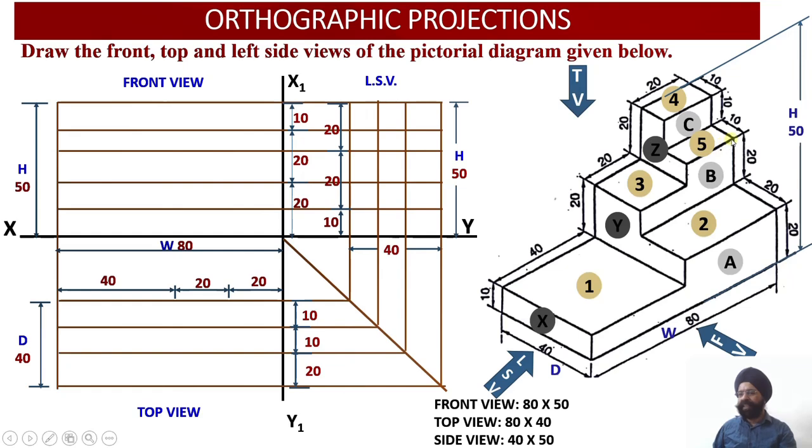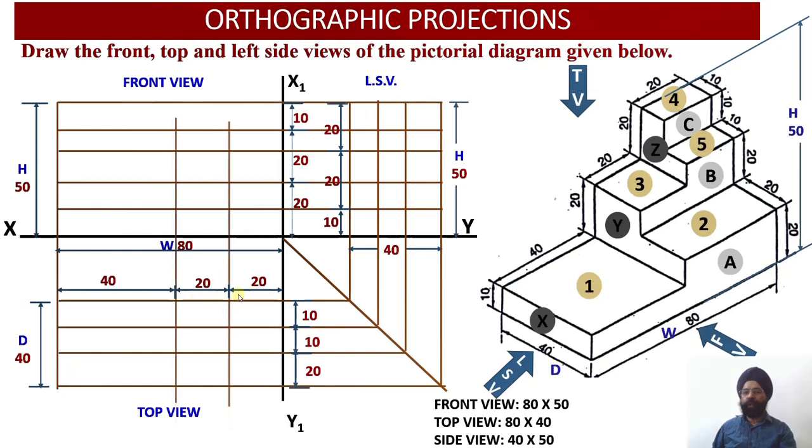So we can divide this 80 into 3 segments. The first segment is 20, the second segment again has a width of 20, and the third segment has a width of 40 millimeter, right? So 40 plus 20 plus 20. These are 3 segments. You can check that we have divided the solid into 3 parts along the width.